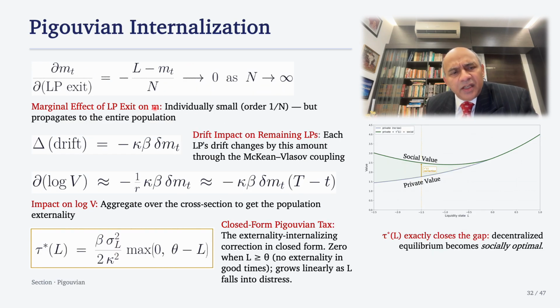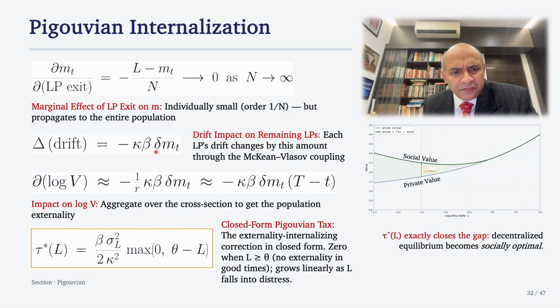So the Pigouvian internalization goes something like this. One LP's exit moves the mean of the population, m_t, by order 1 over n. It's tiny individually, but it propagates to the entire population. Through the McKean-Vlasov coupling, this shifts every remaining LP's drift by minus kappa beta delta m.